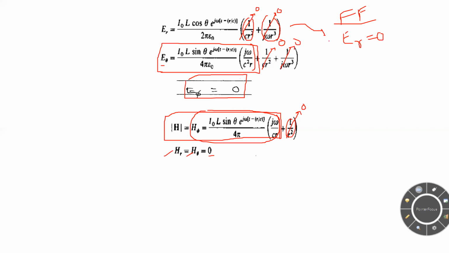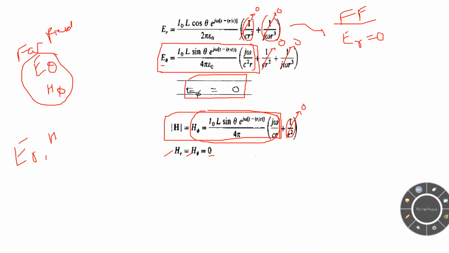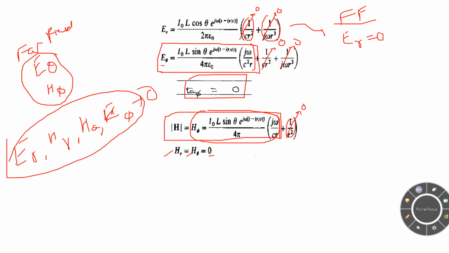So in the far field you have only E theta and H phi components, whereas all the remaining components, that is ER, HR, H theta, and E phi, are 0.